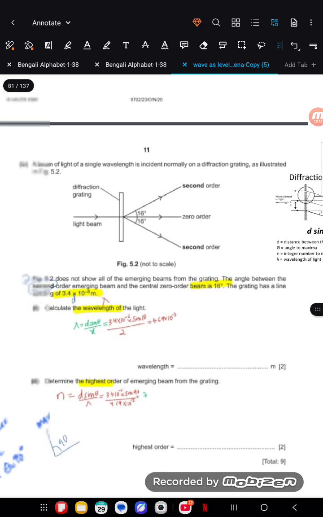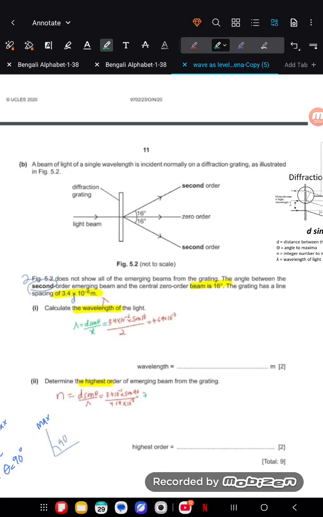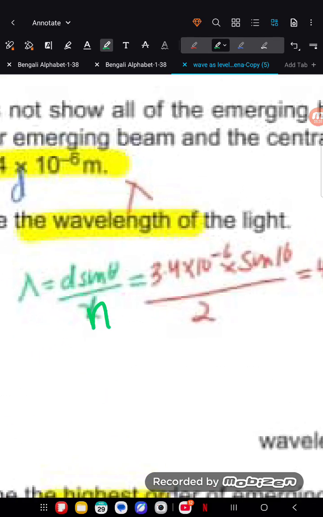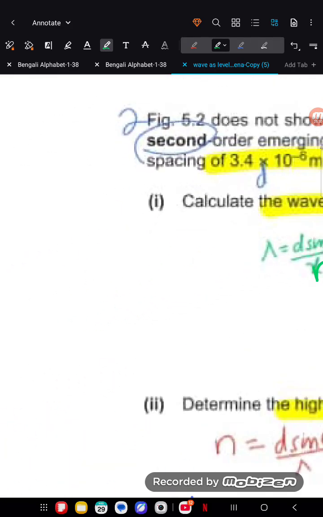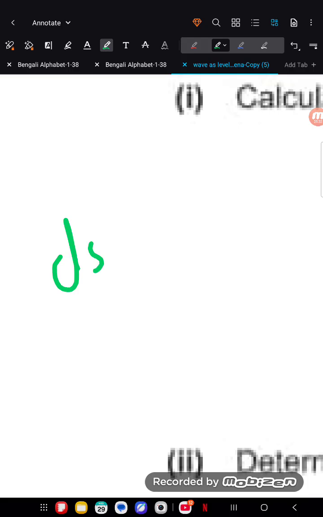Sorry, the formula I wrote, this is n, okay. So write your formula first, that is n lambda equals d sine theta. We have to find wavelength, right?